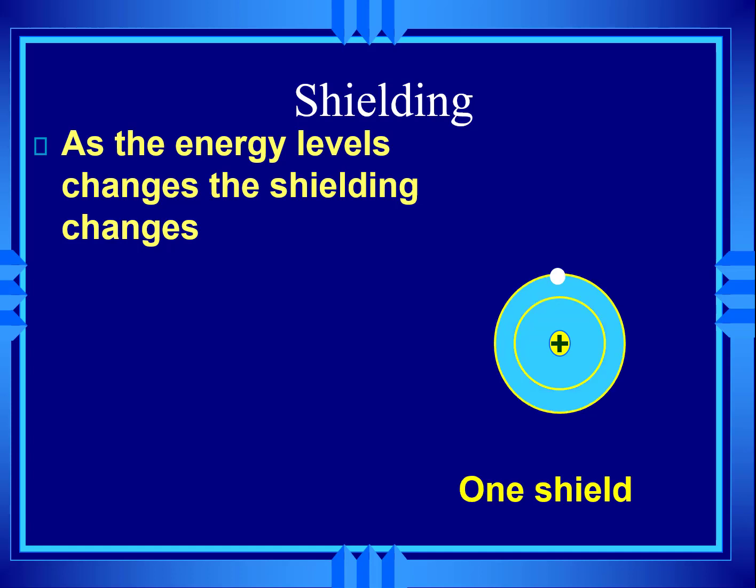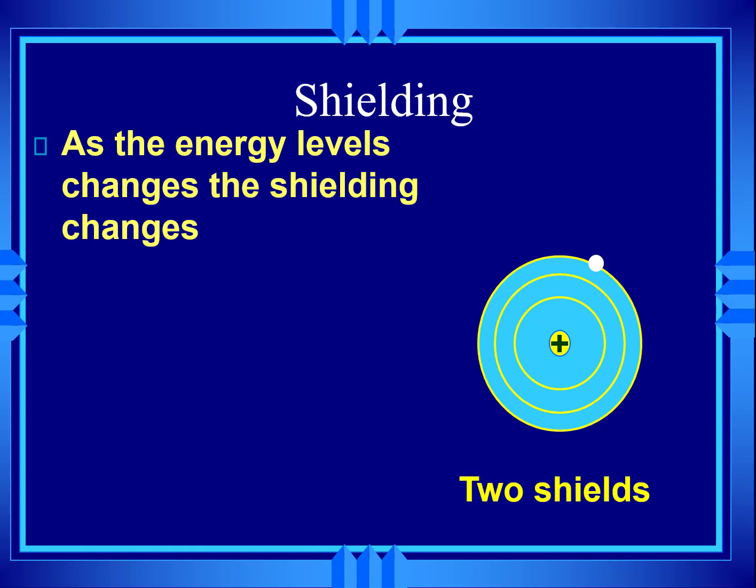If I go to lithium, the next one, lithium, it's got one electron on the outside, but that one electron has electrons between it and the nucleus. So that electron's going to come off, that would be a little less attracted.